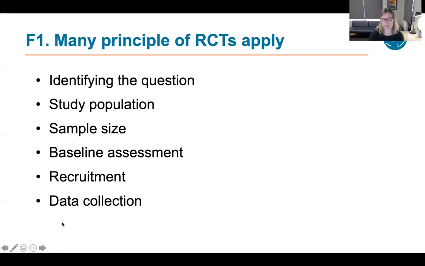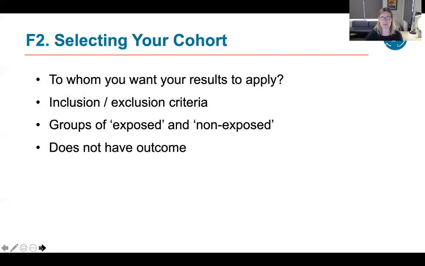The only consideration with data collection is that if it's retrospective, you don't get to decide what to collect, whereas in both RCTs and prospective cohorts, you're tailoring it. In selecting your cohort, the considerations are who you want your results to apply to, and you want to make sure that's reflected in your inclusion and exclusion criteria, and in terms of characterizing who's exposed and who's not exposed.